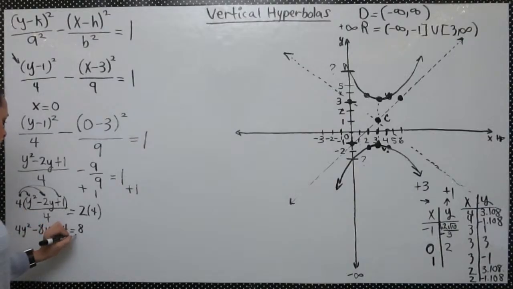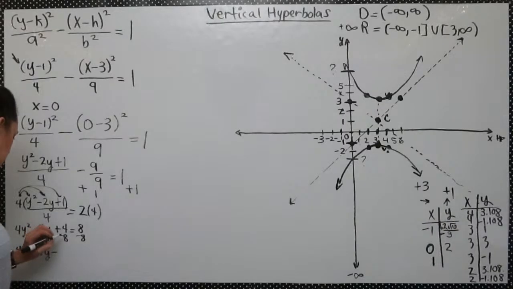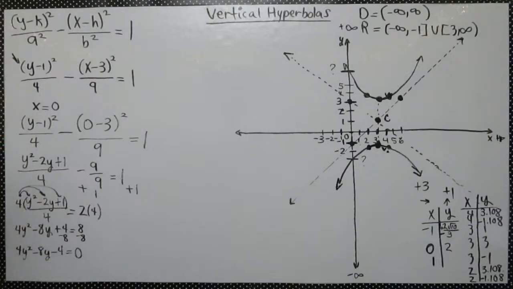So we'll subtract 8 from both sides, and it gives me 4y squared minus 8y, and then negative and plus, that's going to end up with a negative. When the signs are different, you subtract, and then you keep the sign of the larger one. That's the rule. So it's going to be negative 4, and that equals 0. All right.